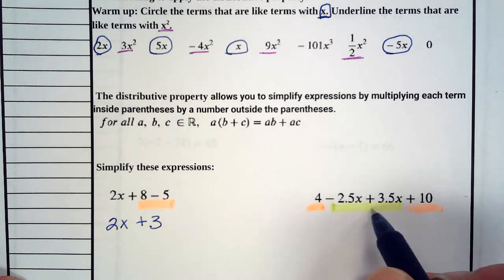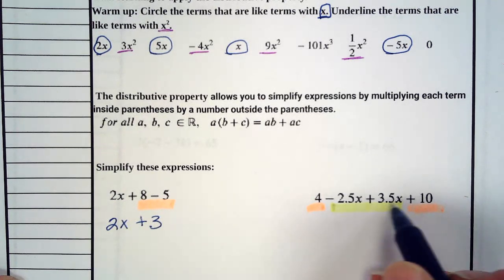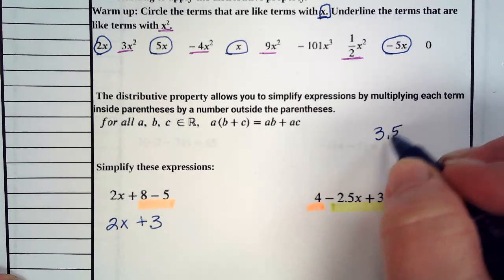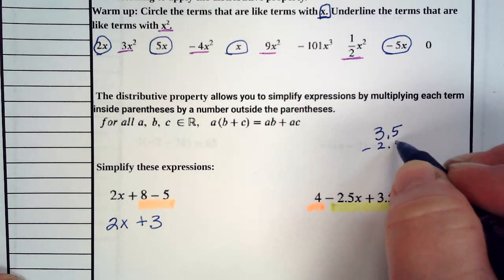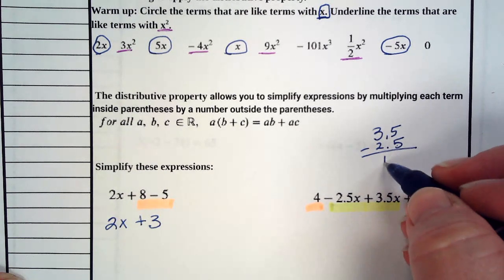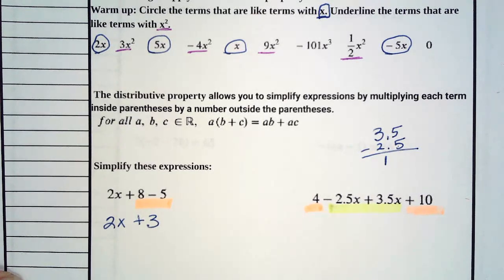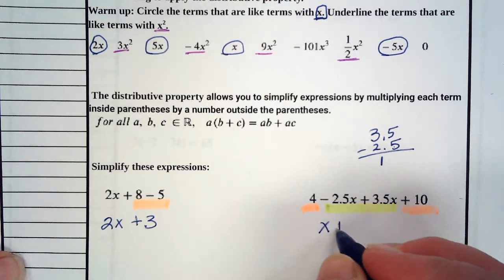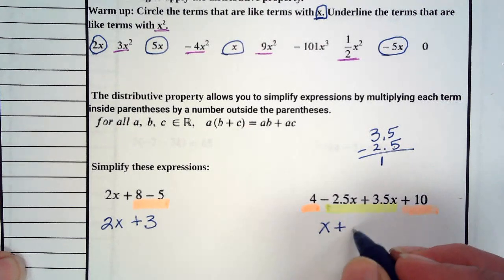Negative 2.5 plus 3.5, they're opposite signs, so I subtract. Okay, the 5's cancel out. 3 minus 2 is 1. So I'm left with 1x. So I've got x plus 4 plus 10 is 14.